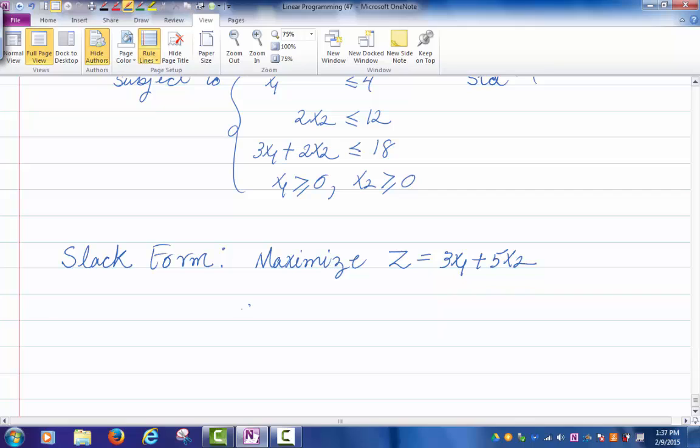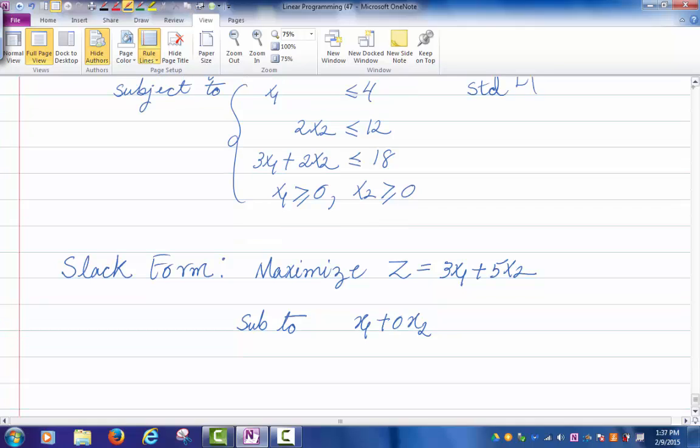Subject to x1 plus 0x2 on the left-hand side of the first constraint, I'm going to add a slack variable, and because I already have x1, x2, I'm going to use a new variable x3 and make the inequality an equality.